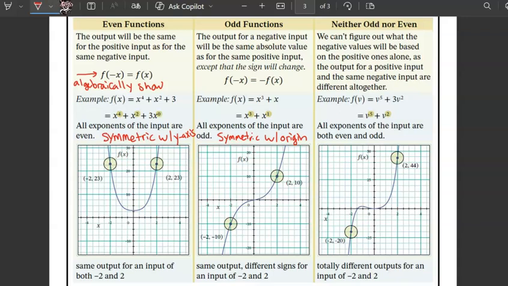Basically, if you were to reflect it across the x and across the y-axis, you would get the same image. You could also say that you rotate it 180 degrees, either clockwise or counterclockwise.